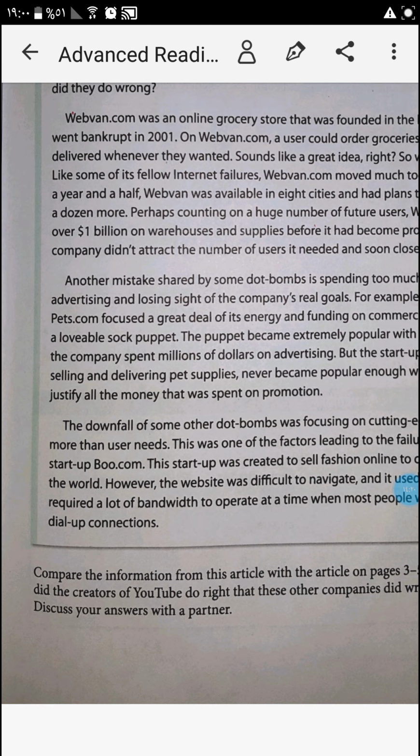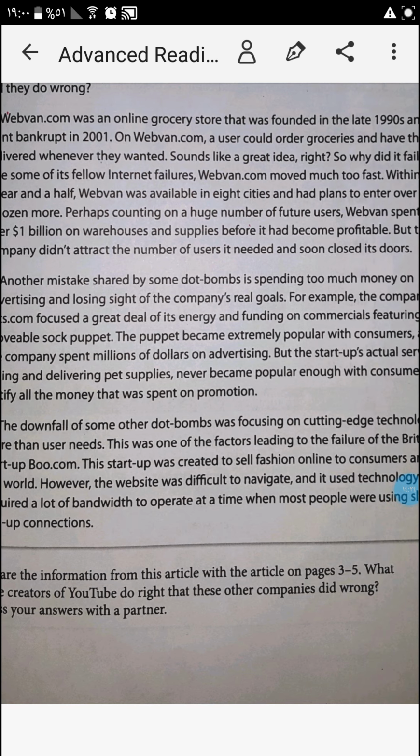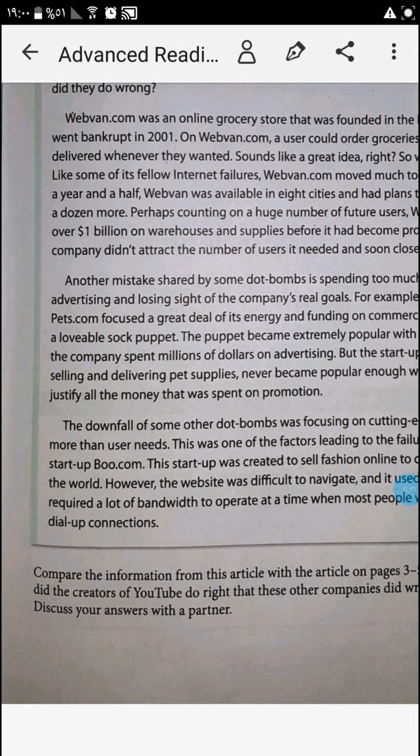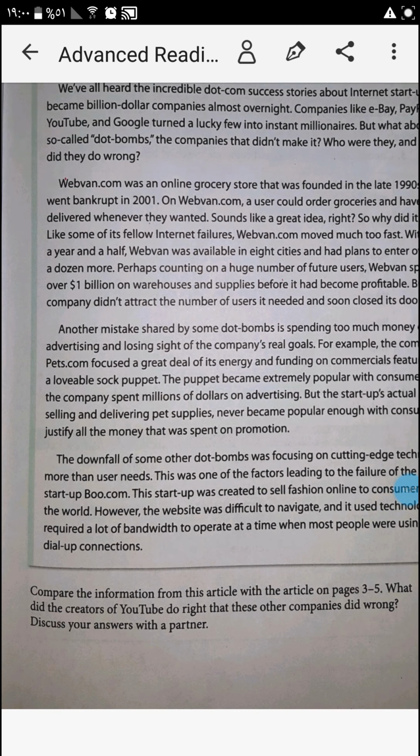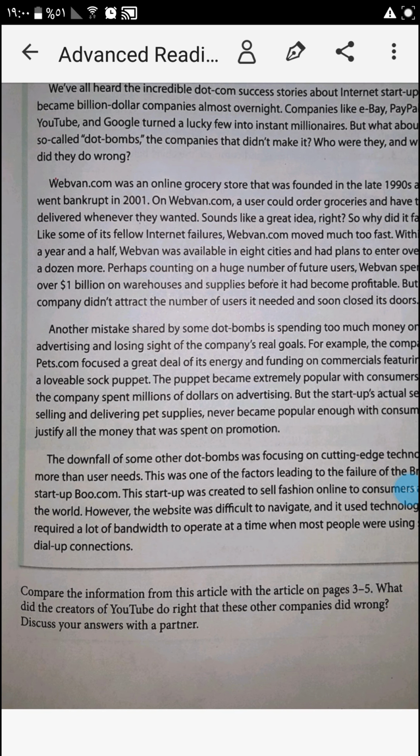This is maybe a new idea, but the same reason that these companies failed, because they thought about using technology but didn't think about their customers. Customers needed strong internet, which required a lot of bandwidth, to be able to navigate and reach goods on the internet.